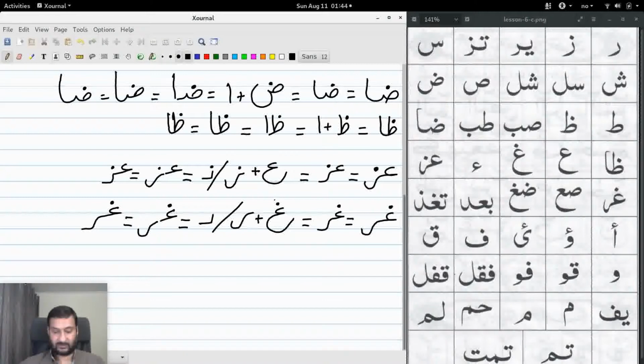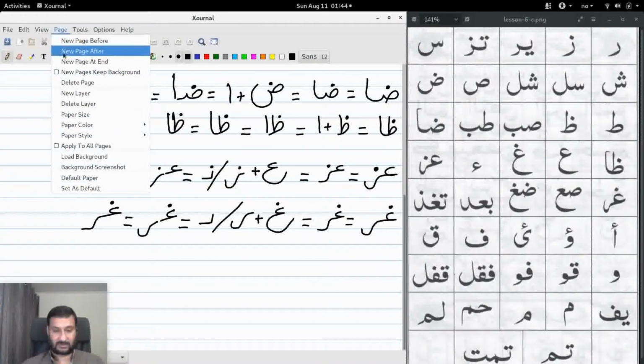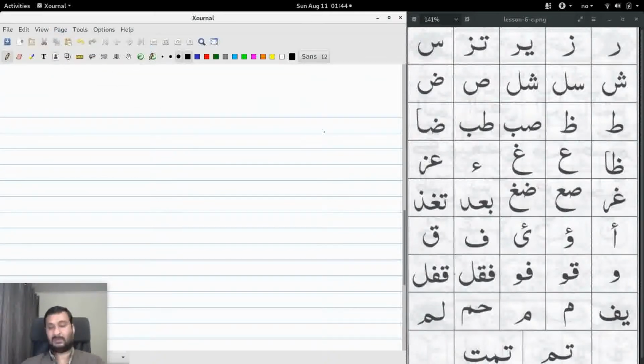So let me move to the next page because I want to have more space. Alright, so this is Sad Ain, and this Ain looks like a Ha because it has this pointy stuff here, but it is not a Ha. I'll show you why. First, I'll show you how it's written. So it's written as shown here.